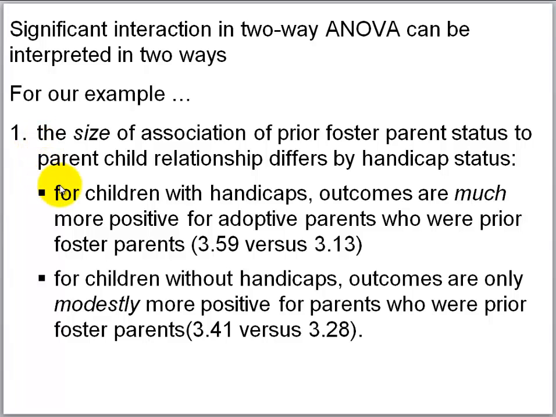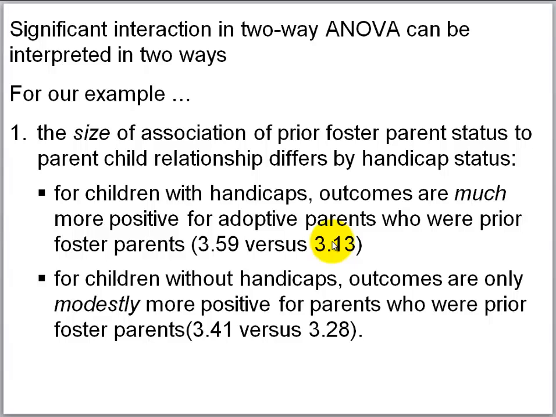So for instance, for children with handicaps, outcomes are much more positive for prior adoptive parents than for others. So the difference in these subgroups was 3.59 versus 3.13 on the 4-point outcome scale.